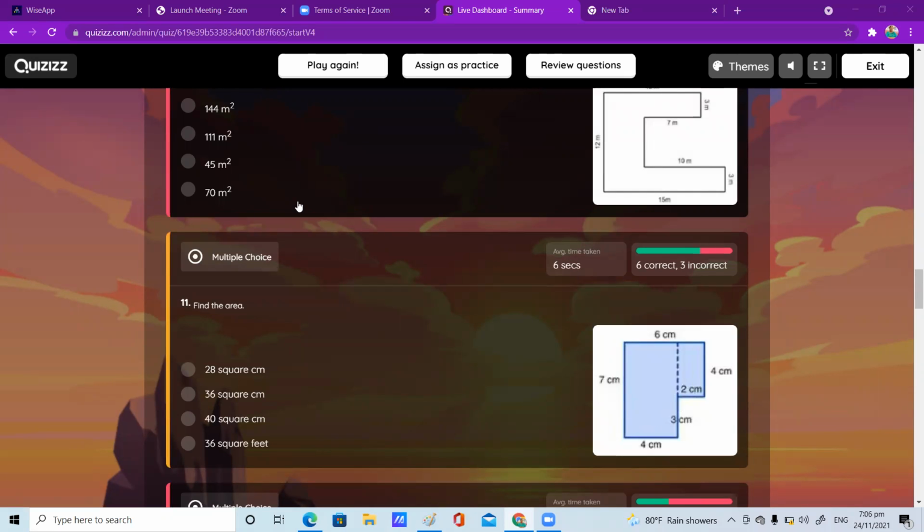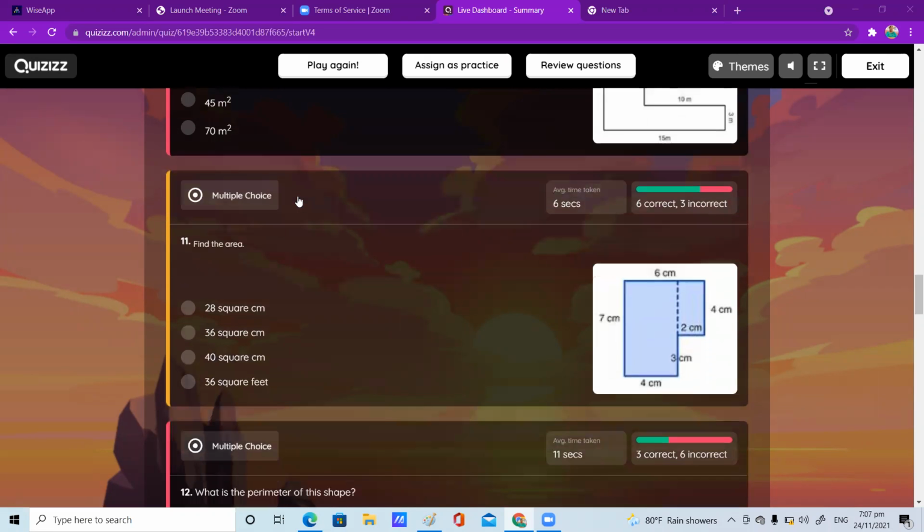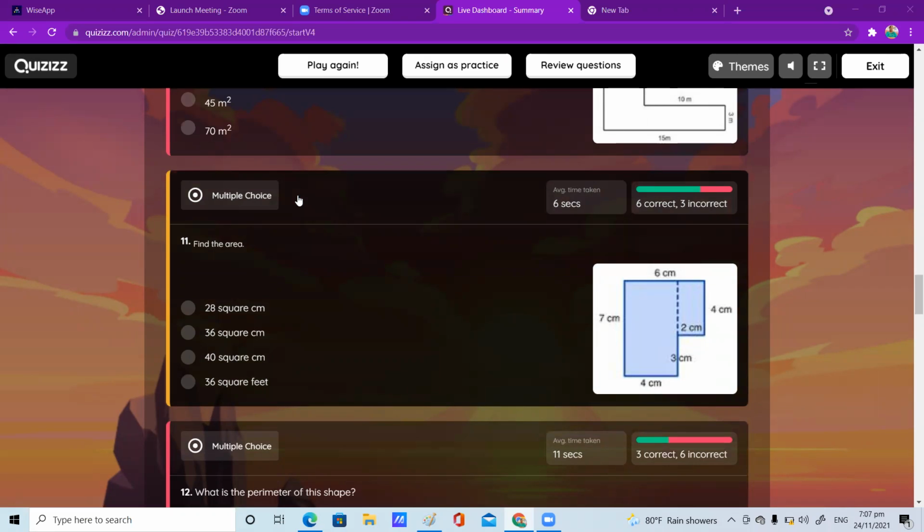In this figure, they have already drawn an imaginary line. So with this imaginary line only you can continue. The first side can be 4, and then the breadth can be 2. You can write it in brackets plus 6 minus 2, because the breadth of the first graph is 2. So 6 minus 2, which is 4. So 7 into 4. 4 twos are 8 plus 7 fours are 28, which gives you 32.